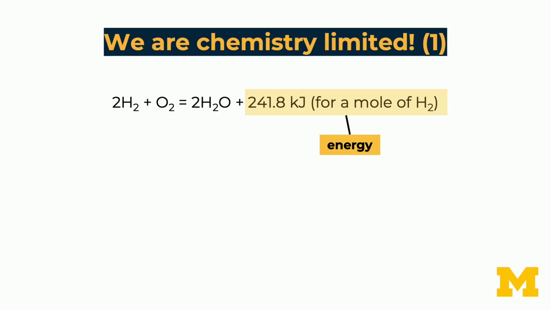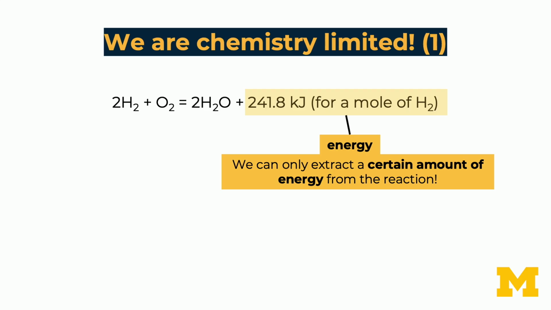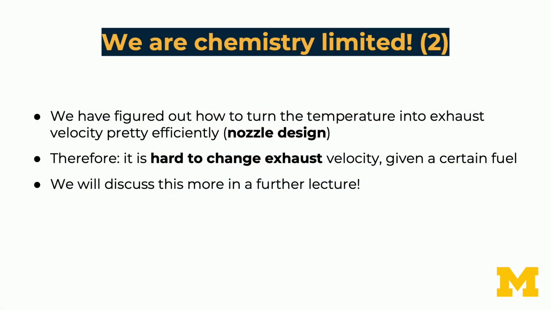No more, no less. And so what that means is that you can only extract a certain amount of energy from that reaction, which means that you can't get an unlimited amount of temperature or energy from combining hydrogen and oxygen together.